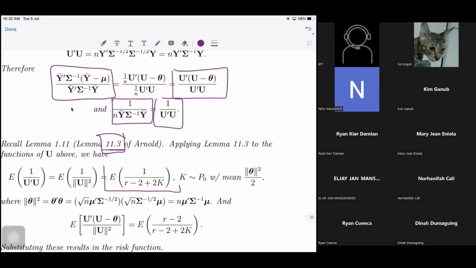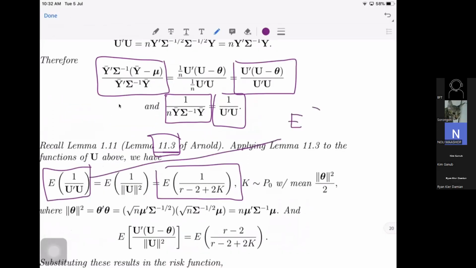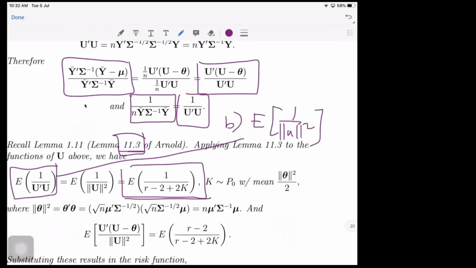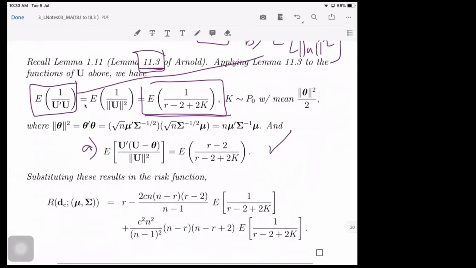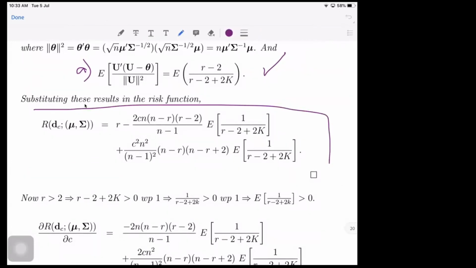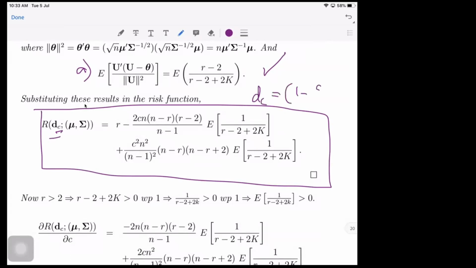Mao na dayon ni. Mao ni ang expectation katong kini siya sa univariate, katong 1 over the square norm of U squared, equal to the expectation man. Letter B ni siya, no? Kini mao ni ang letter A na itsura. Okay? That's the multivariate scenario of it. So that the risk associated when using a D, sa ito itsura sa atong DC, atong 1 minus C something, no?